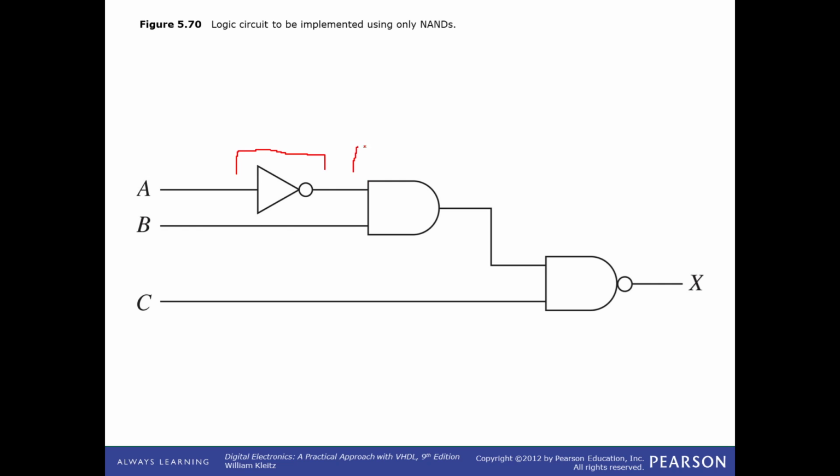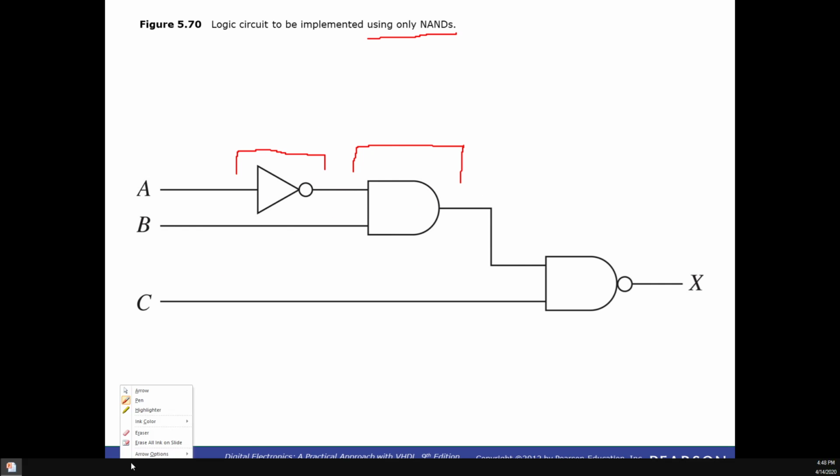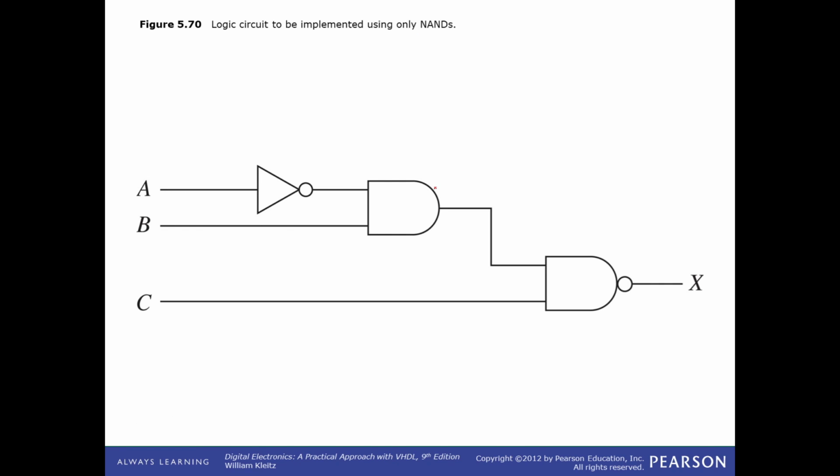We already know how to make an AND gate with NAND gates. And we already have a NAND gate here. If the goal is to use only NANDs to implement the same logic, well, we just build an inverter with NANDs, and then we build an AND with NANDs, and we just connect them all in the same way that we do here.